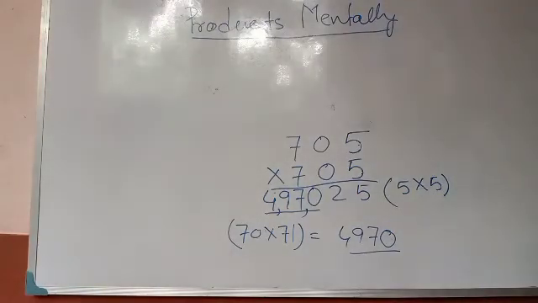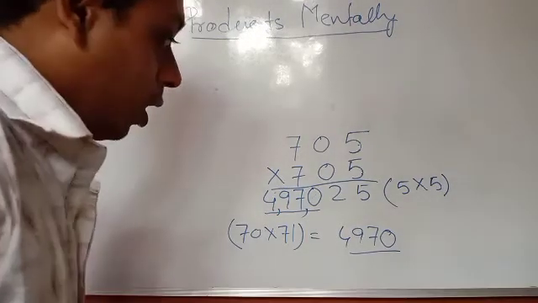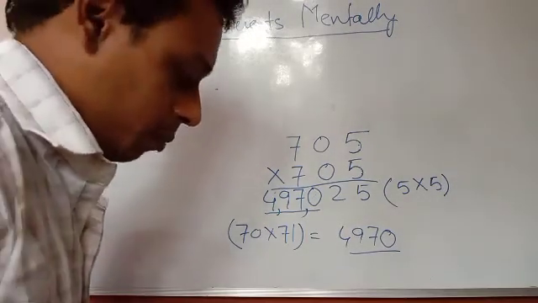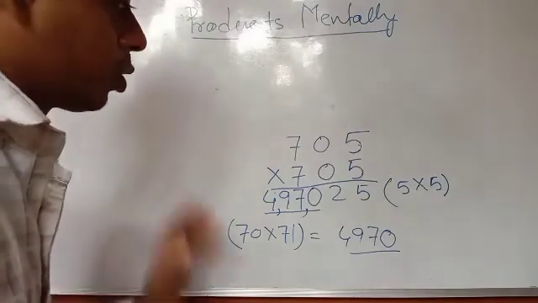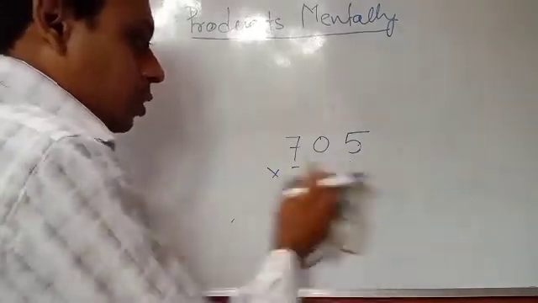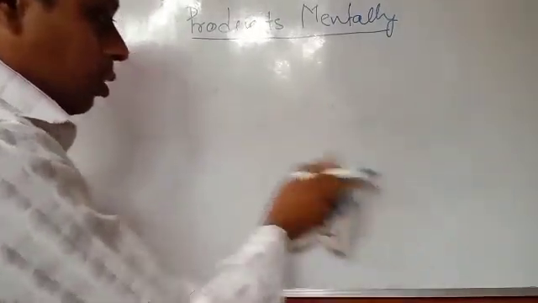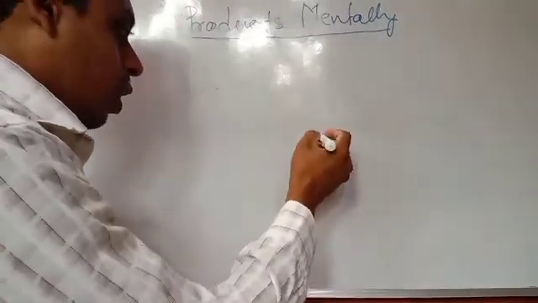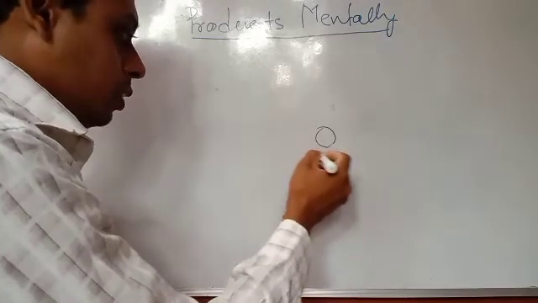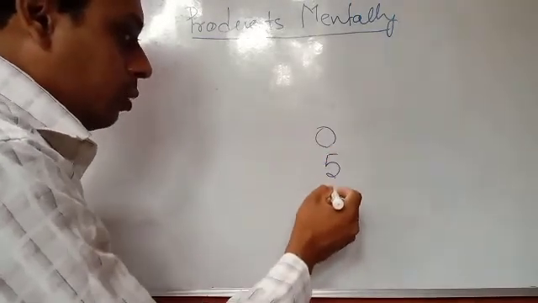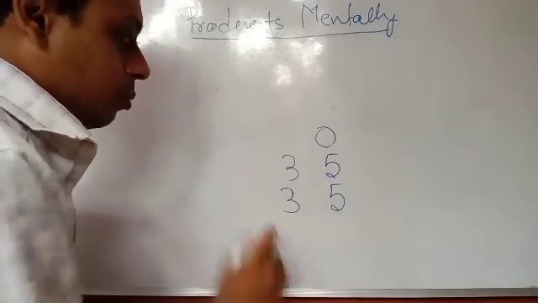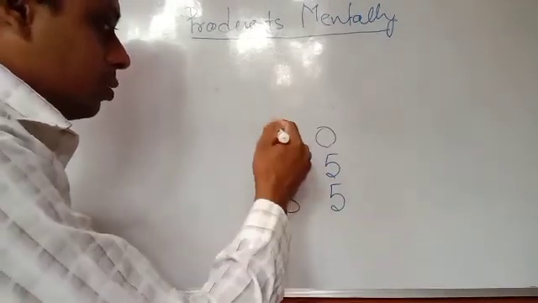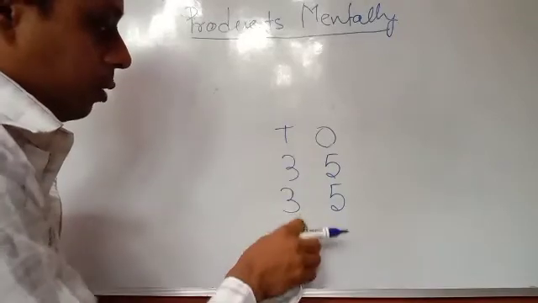So today I have shown you that mental multiplication by 2-digit number as well as 3-digit number. But what is the condition? Condition is like this, that in one place always there will be 5 in both the number. Maybe 35. In one place always will be 5.